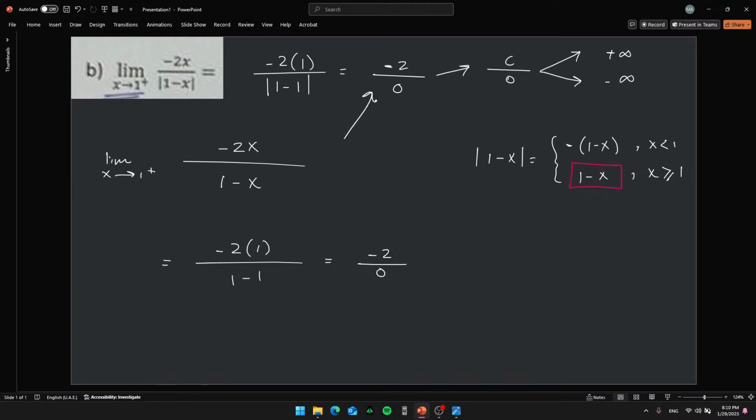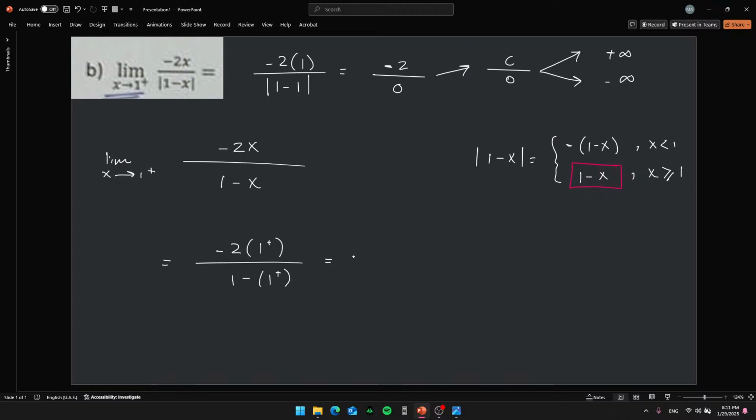I know it's silly, but it's not how we should do it. We should not substitute 1. We should substitute 1 from the right. So instead of writing just 1, we should substitute 1 from the right.